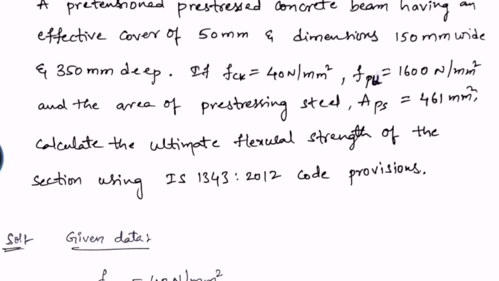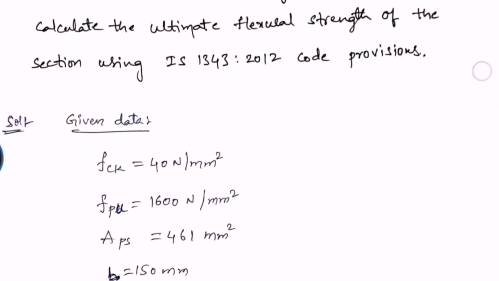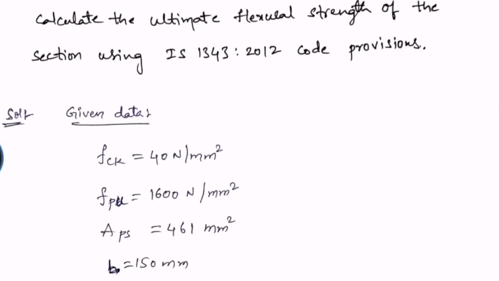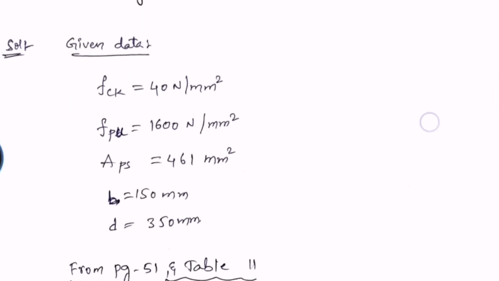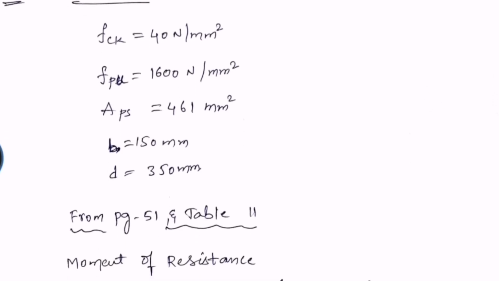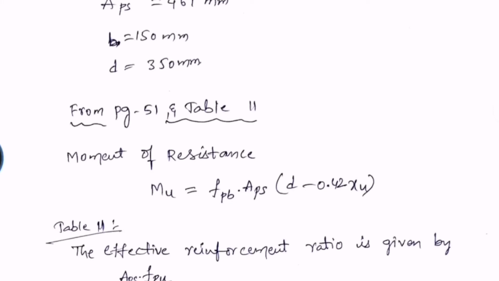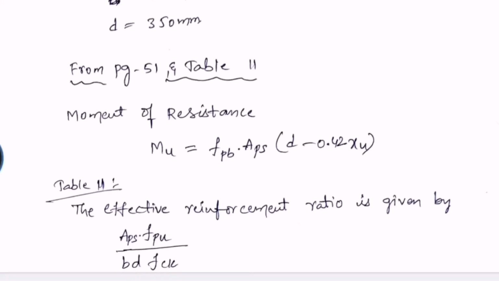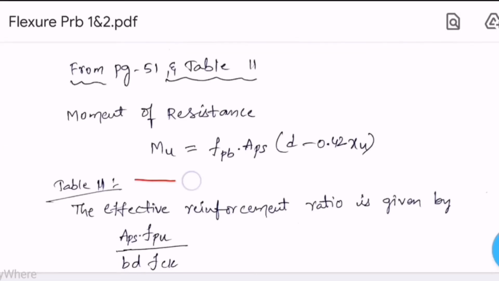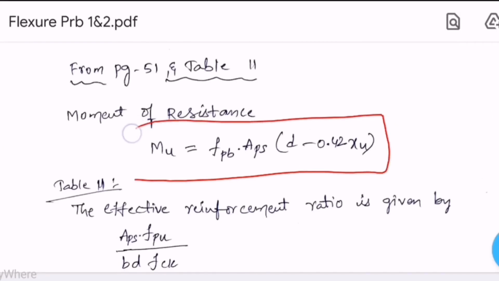So let's find the ultimate moment of resistance here. As per the given data, we have FCK, FPU, APS, B and D. From page 51 and table 11, which we have discussed earlier in this video, the moment of resistance is given as Mu = FPB into APS into (d - 0.42 Xu).